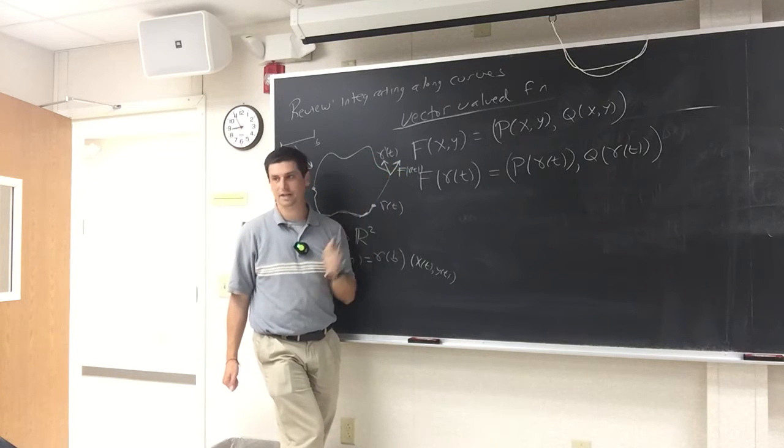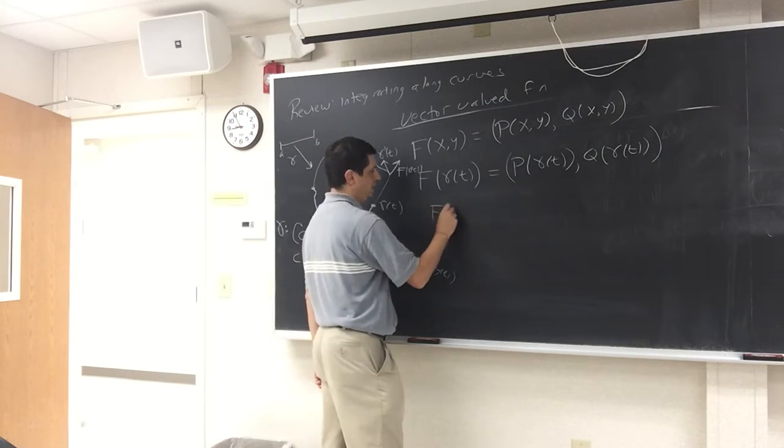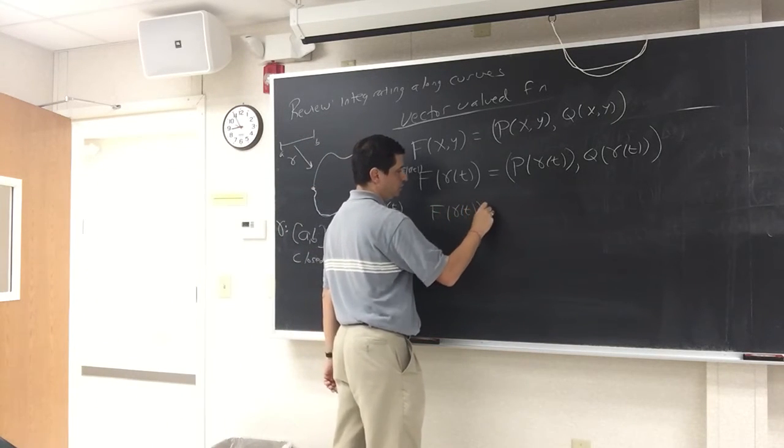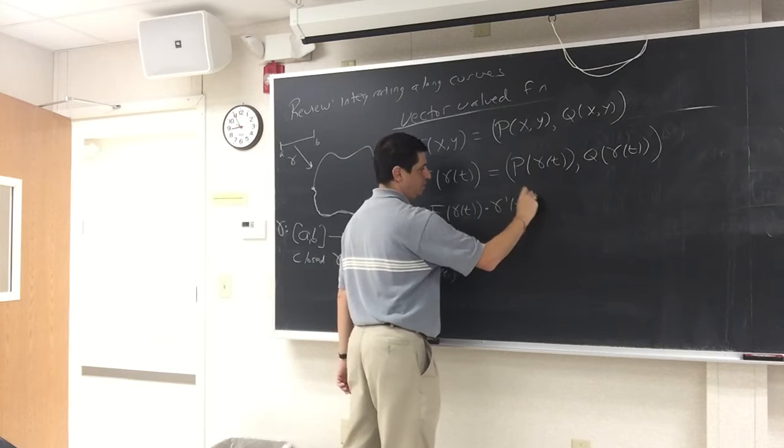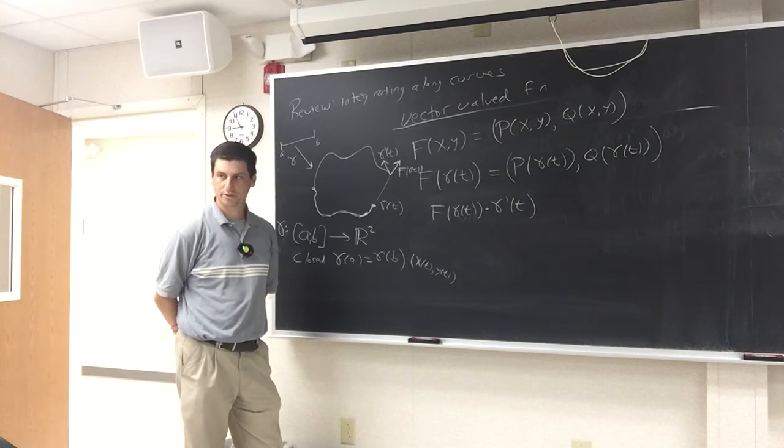If you're entirely aligned, there's full contribution. Now we can look at what would happen if we did f of gamma of t dotted with gamma prime of t. What would we get in that situation?